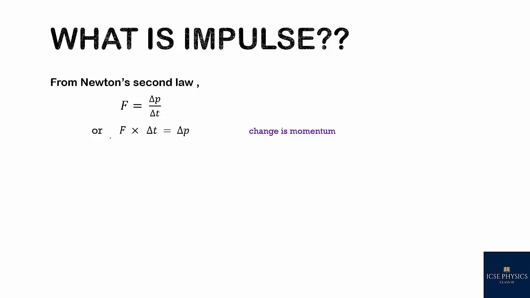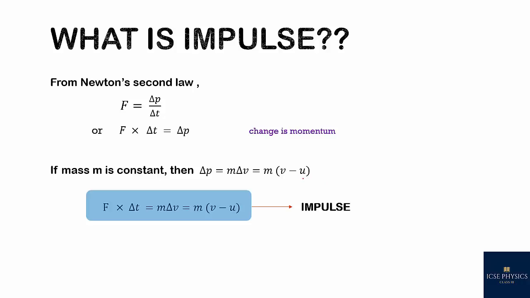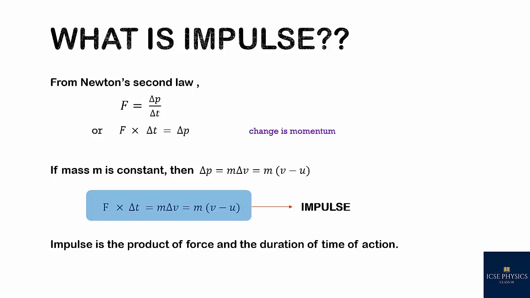And if mass is constant, what can I write? Mass into del v, that is, mass into final velocity minus initial velocity. So this product, force into change in time, is what is known as impulse. Impulse is the product of force into the duration of time.